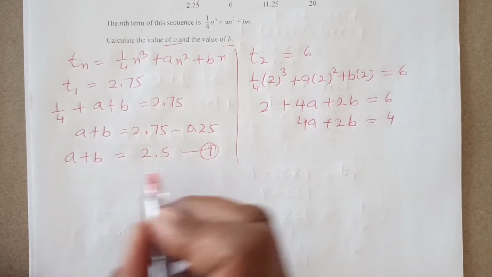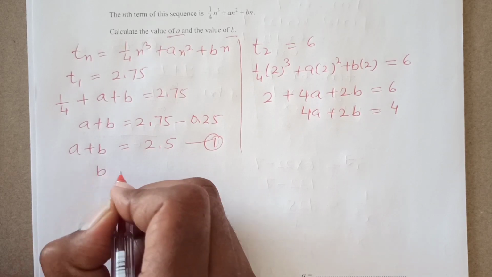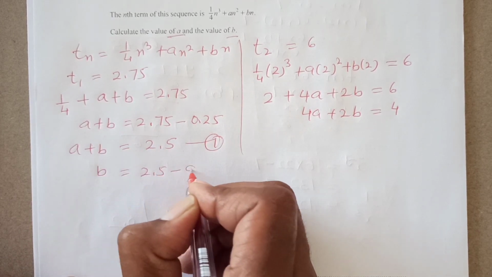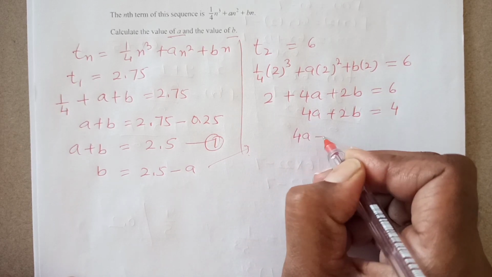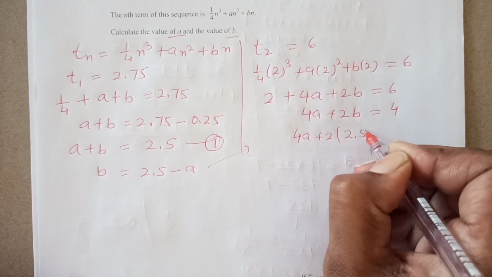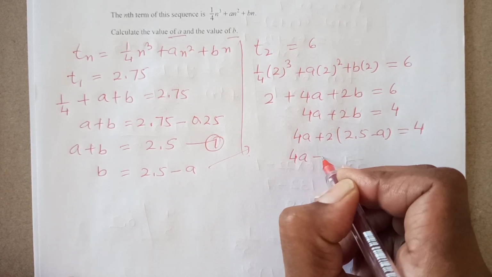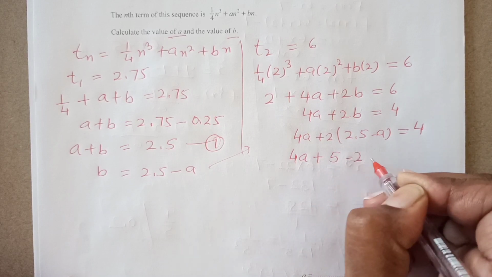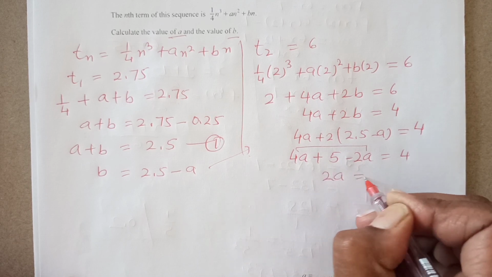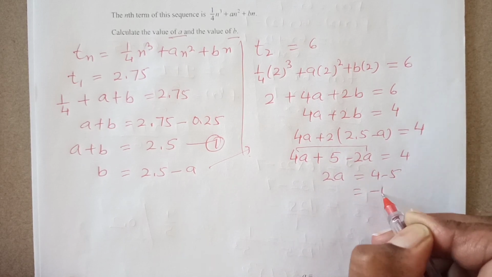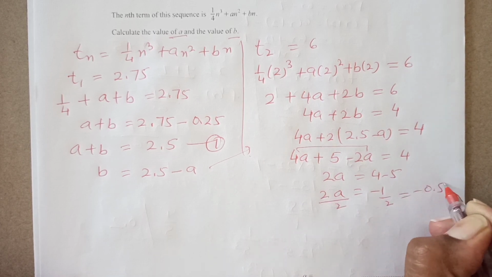Right, now you can substitute the value of B from here. B is 2.5 minus A, right? So we can substitute this value here. 4A plus 2 times B, which is 2.5 minus A, is equal to 4. So 4A plus this is 5 minus 2A equals 4. 4A minus 2A is 2A. 4 minus 5, this is negative 1. 2A divided by 2, and negative 1 divided by 2 is negative 0.5.